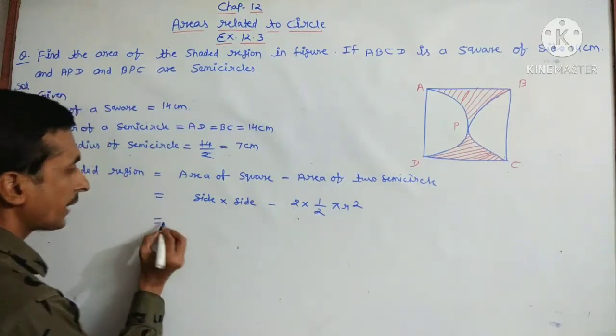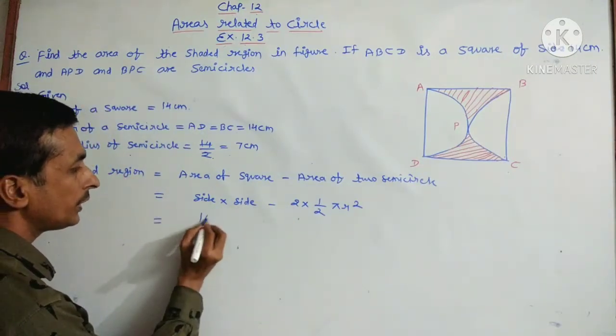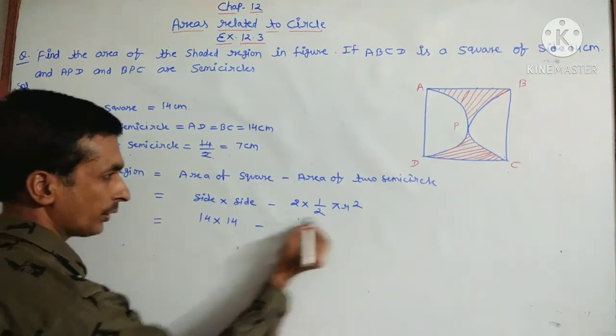So here it is side into side, that means 14 into 14, minus, 2 cancels by 2.